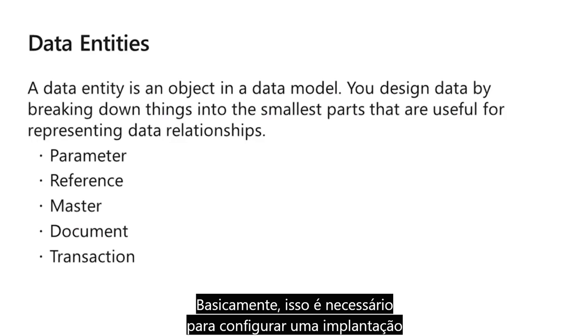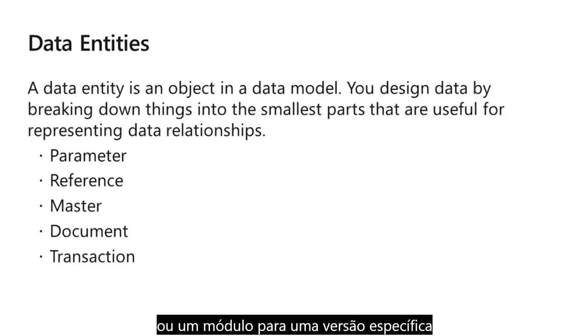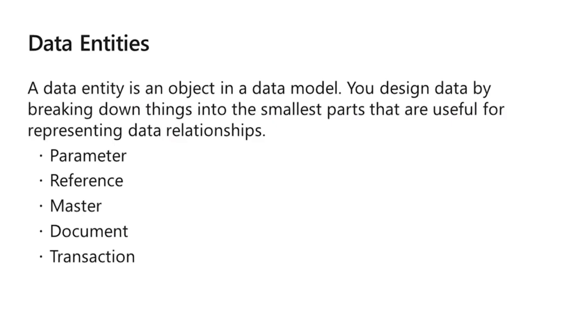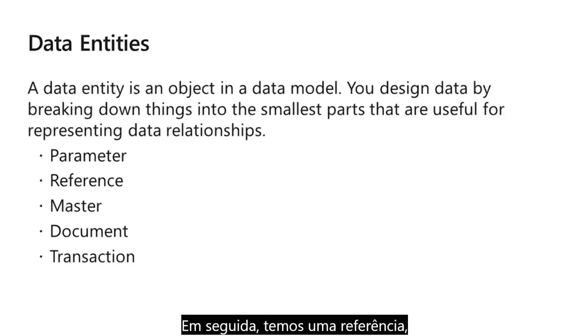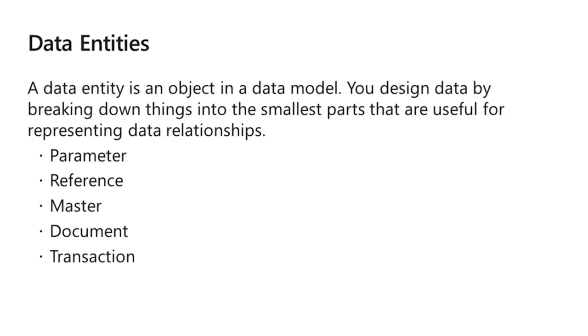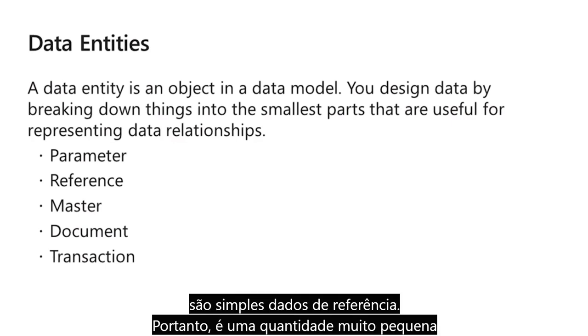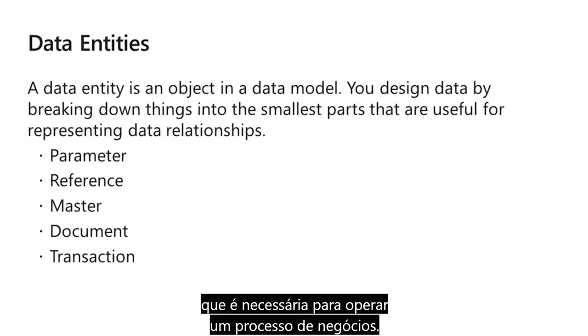Essentially, this is required to set up a deployment or a module for a specific build or a specific customer. Next, we have a reference. And this is simple reference data, so it's a very small quantity, which is required to operate a business process. So this might include units, dimensions, or tax codes.